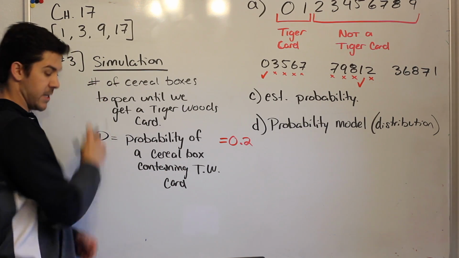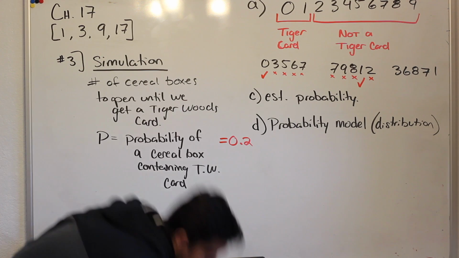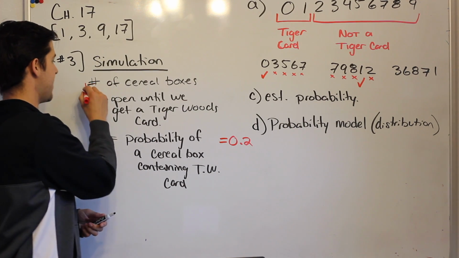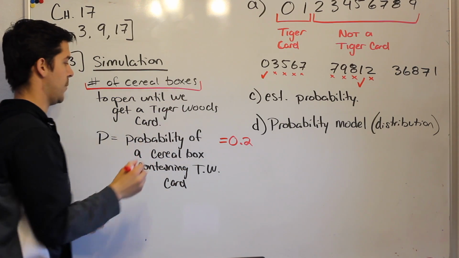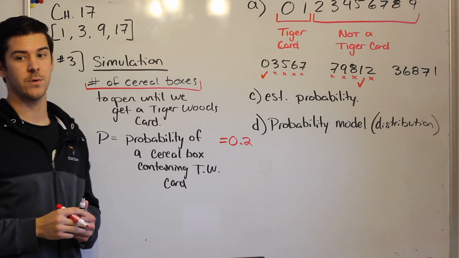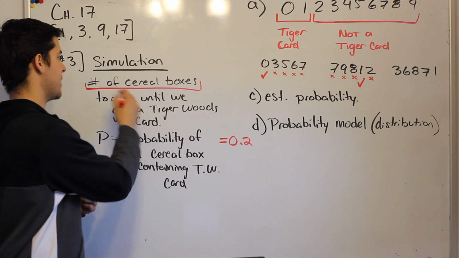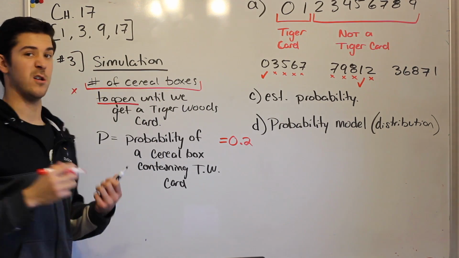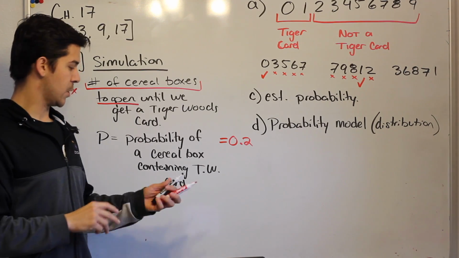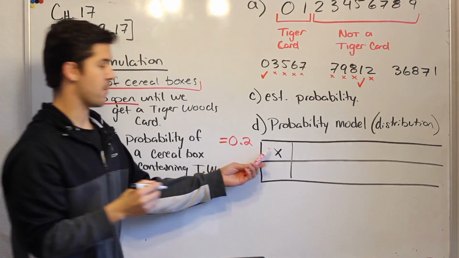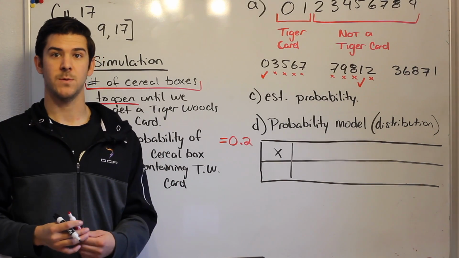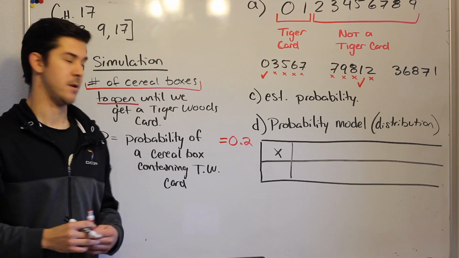Here, we're trying to identify how many cereal boxes we need to open until we get a Tiger Woods card. So in this case, the number of cereal boxes to open will represent a value we're going to call X. So when we make a table, our X value is going to represent the number of cereal boxes we need to open in order to get a Tiger Woods card.